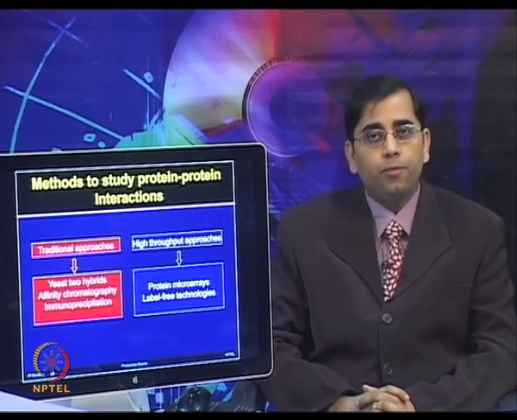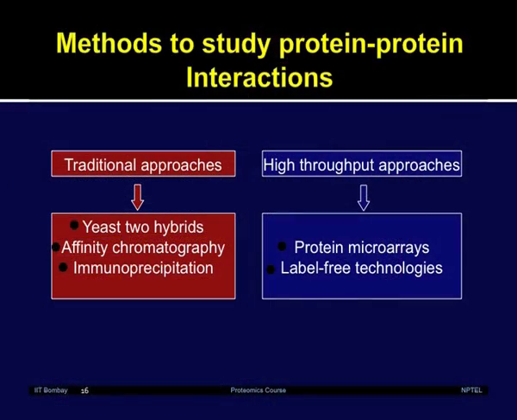One is the traditional approach, and then there are a few high throughput approaches. The traditional approach has heavily used Yeast-2 hybrid, affinity chromatography and immunoprecipitation. The more recent approaches include high throughput technologies such as protein microarrays and different types of label free technologies.